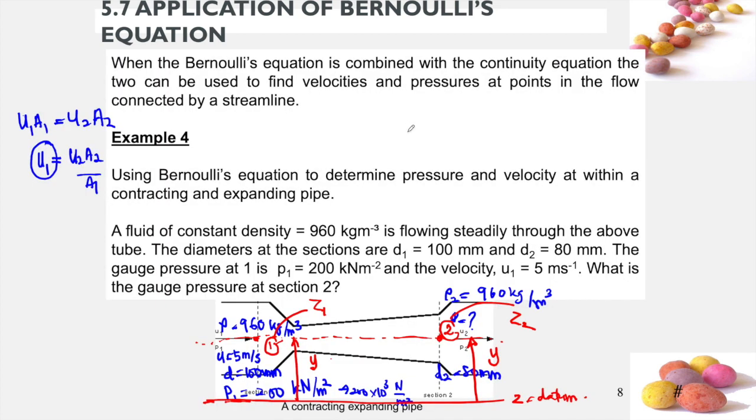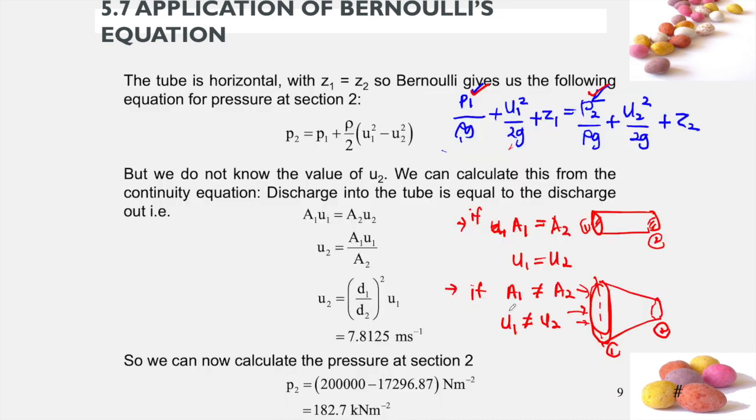So for a horizontal pipe, such as this case, it will have the same point. Therefore, Z1 is equal to Z2. Then we can cancel out Z1 and Z2 term. And your Bernoulli's equation will be left with the terms of P1 over rho g, U1 squared over 2g, equal to P2 over rho g plus U2 squared over 2g.